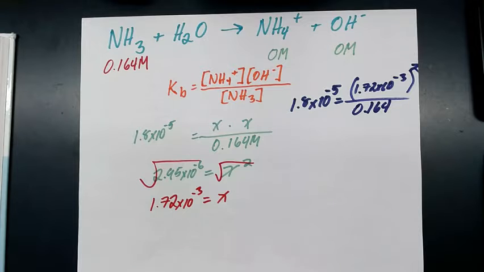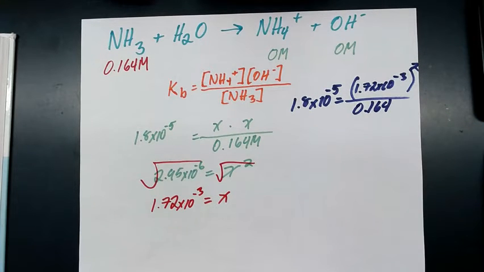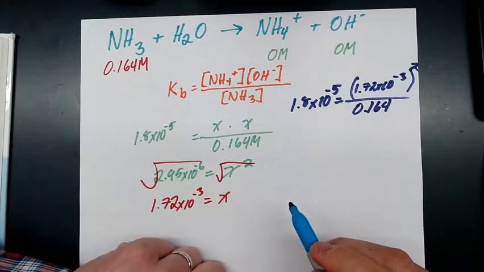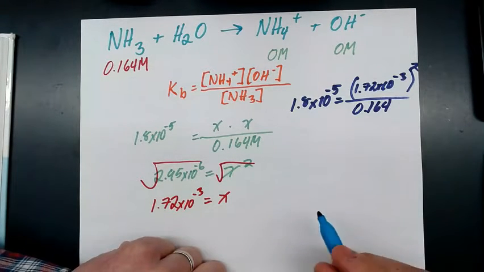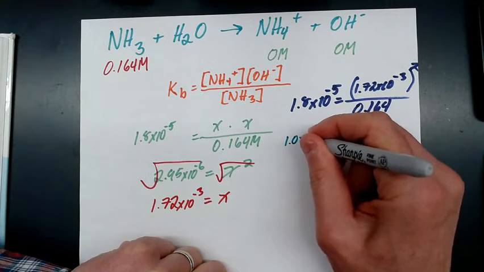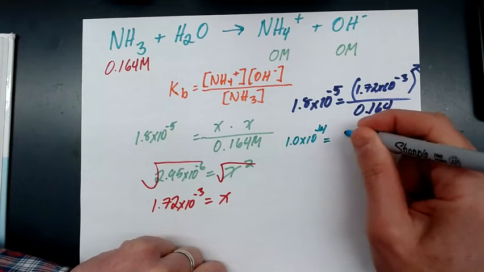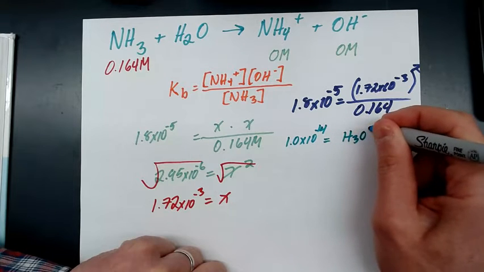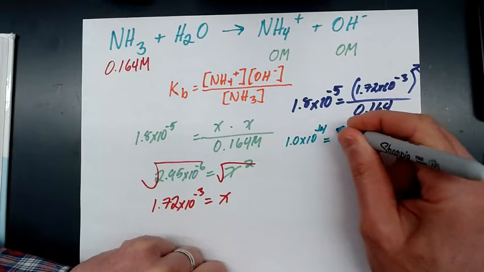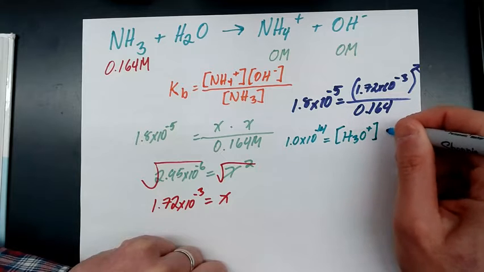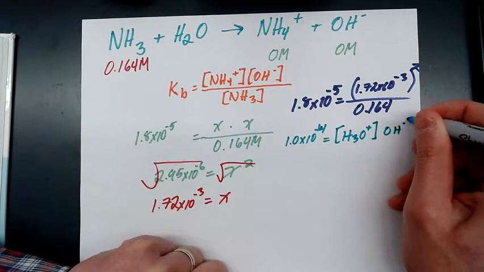So what does this tell us about our concentration? Well, remember, concentration also leads us to our pH or our pOH. So how do we figure out that? I'm going to get rid of this purple. It's a little too thick for me here. Well, I know my OHs. I also know that 1.0 times 10 to the negative 14 is equal to my concentration of my hydroniums times my hydroxides, which I already know.